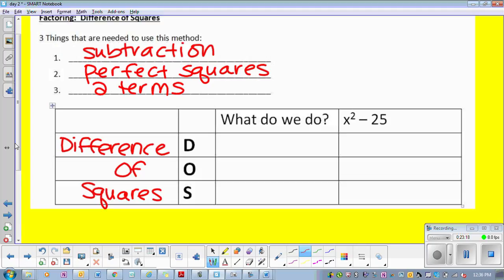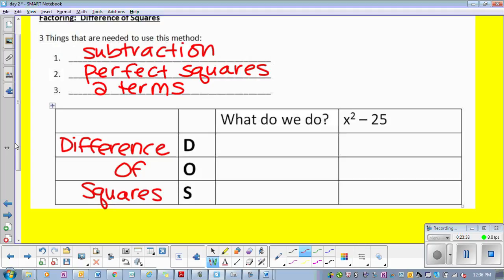And it's just so long for me to say difference of squares every single time. If I refer to it as DOS, then you guys are going to know what I'm talking about, right? Yeah, you do. All right, so what do we do?